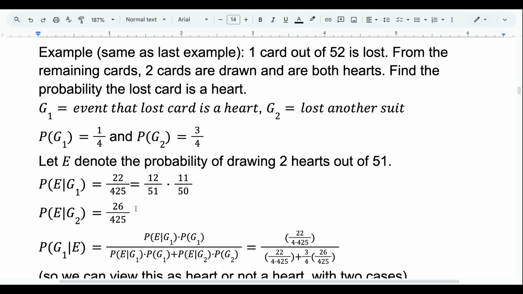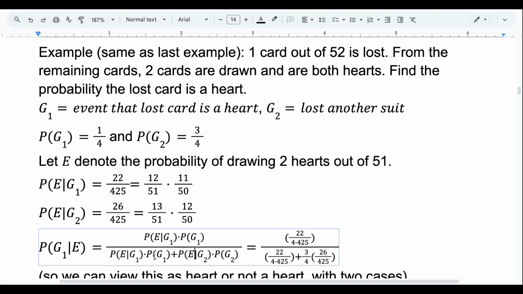And then in this case, when the lost card is not a heart, we have the full 13 in the first selection and then 12. So it simplifies the expression a little bit, in that in your denominator we're collapsing and only have two cases instead of four, but we still get the same answer.